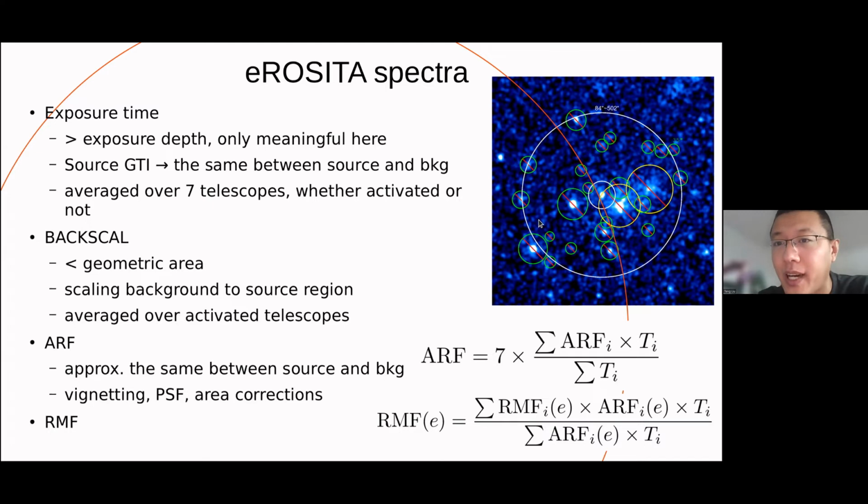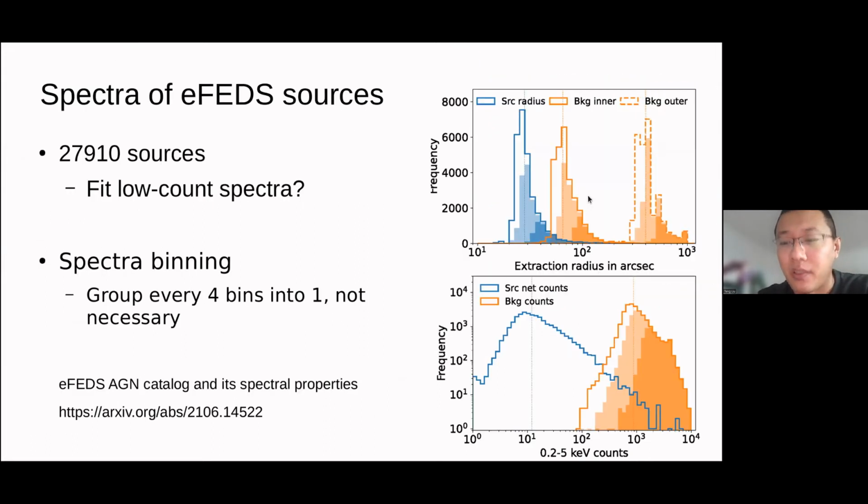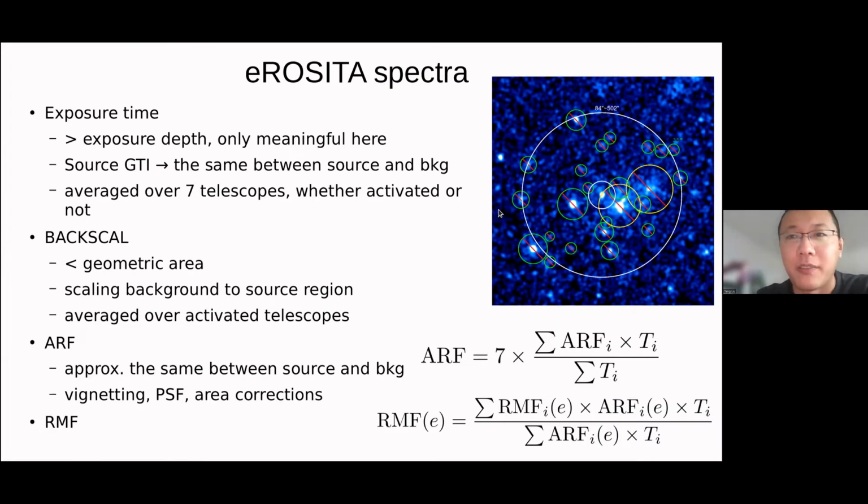So the exposure time starts when, let's take this big annulus, for example, it starts to enter the field of view, and it ends when the other side leaves the field of view. As a result, the exposure time of this region is larger than the effective exposure depth at this position.